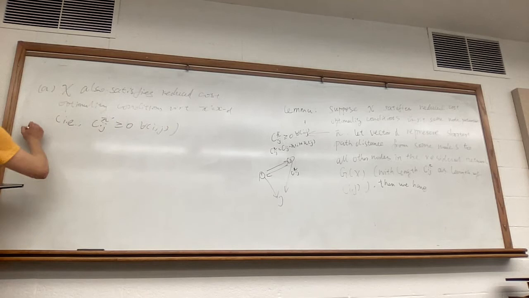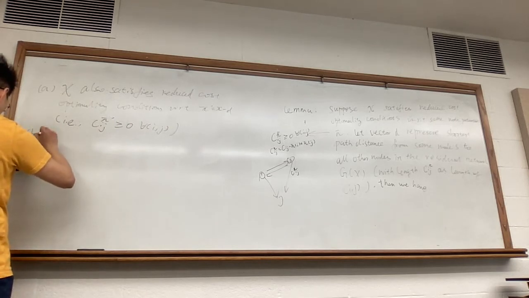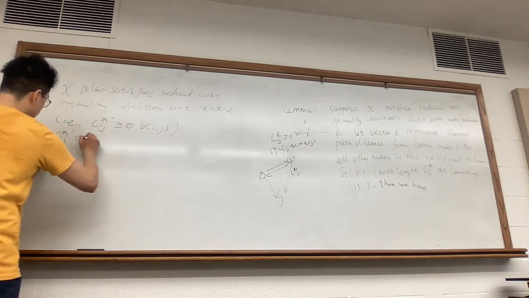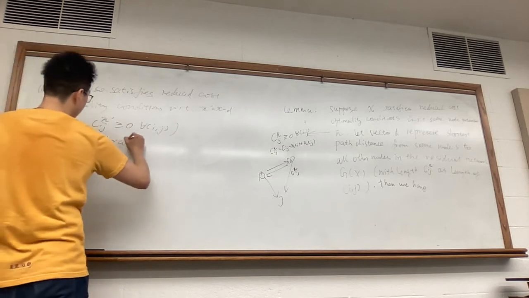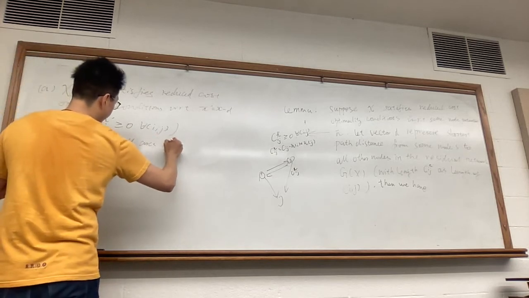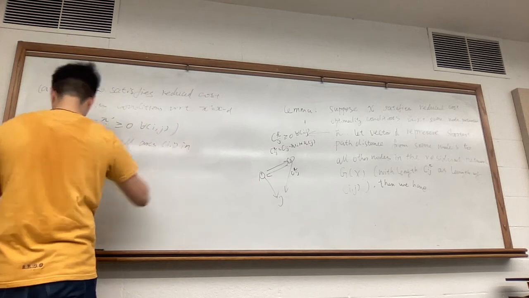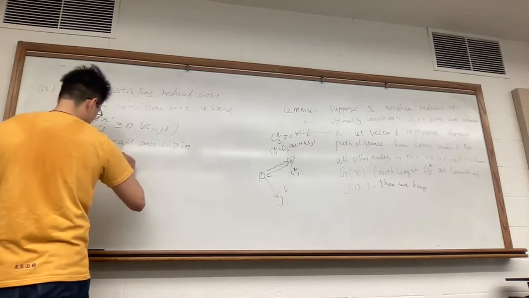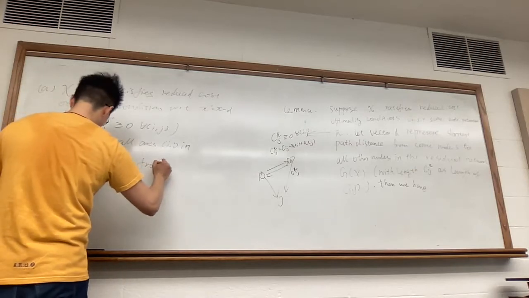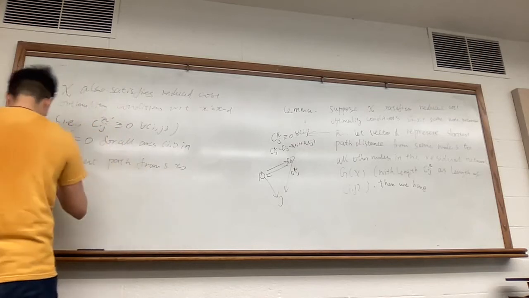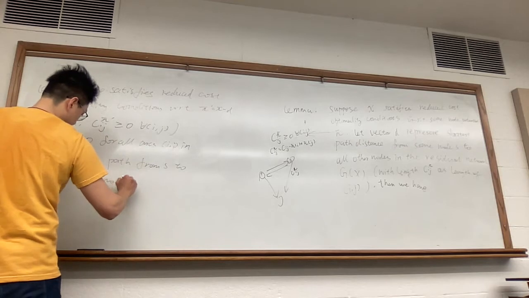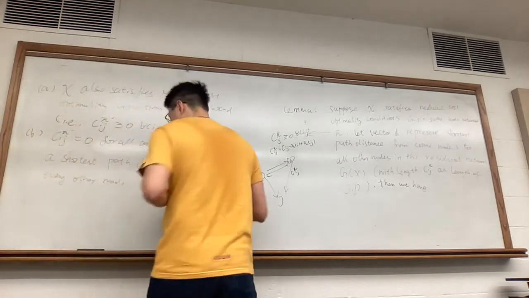This is the first claim. And the second claim is the reduced cost Cij pi prime equals 0 for all arcs ij in a shortest path from S to every other node. We'll elaborate on B later.